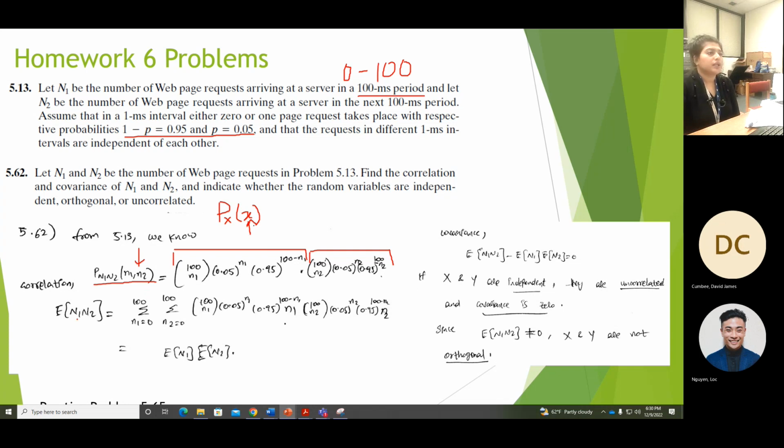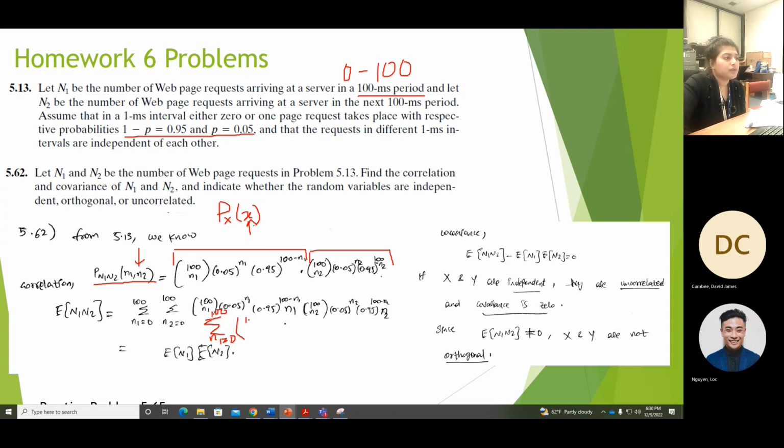Why? Well, that's the first step for me to find out whether they are correlated or not, right? So we put in the formulas and then we see, well, these are summations, right? So we can separate them out and we can write summation of n1 equal to 0 to 100. And then we can take this out, right?